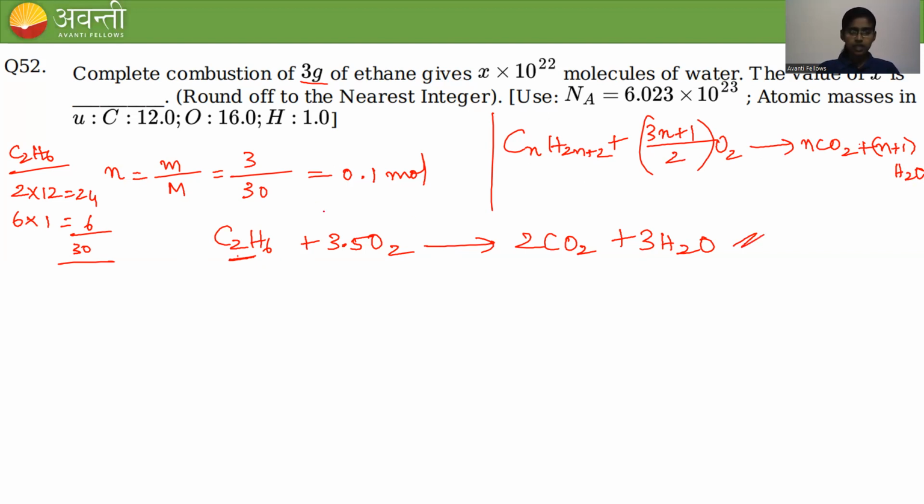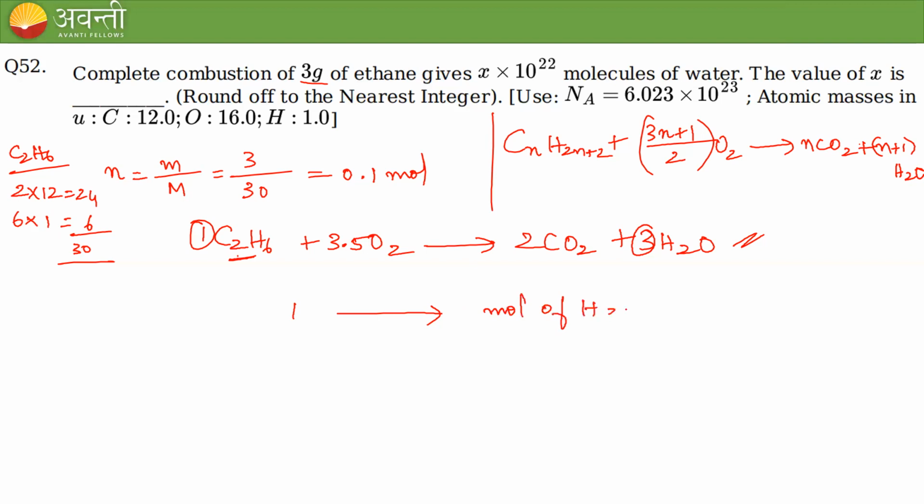Now here you can see 1 mole of C2H6 is producing 3 moles of water. 1 mole is producing 3 moles of water. And now 0.1 mole is the moles we have got, right?